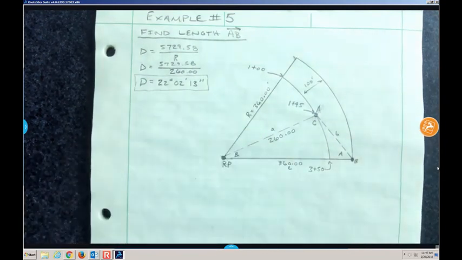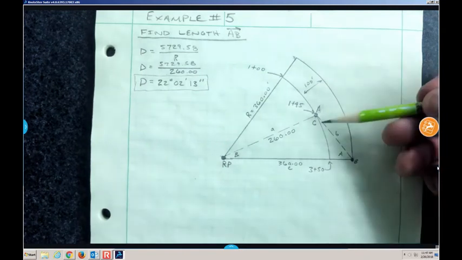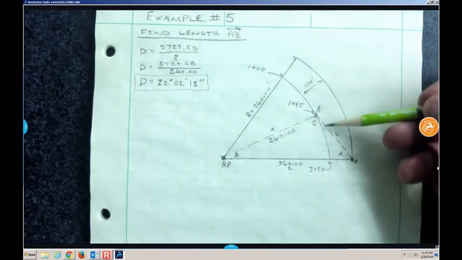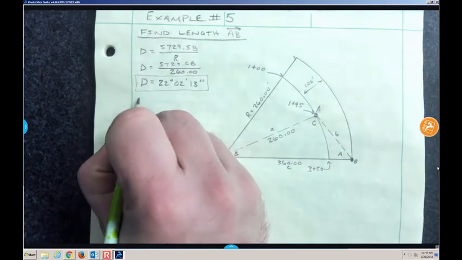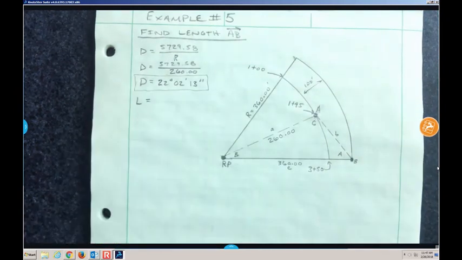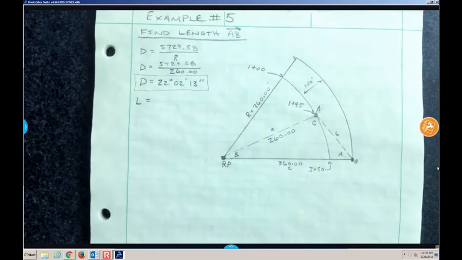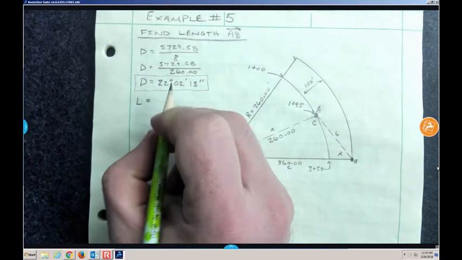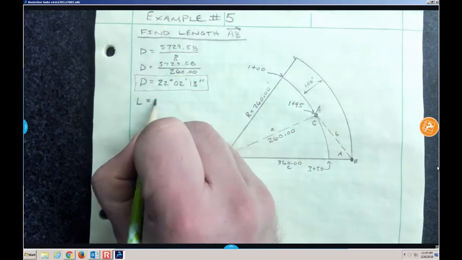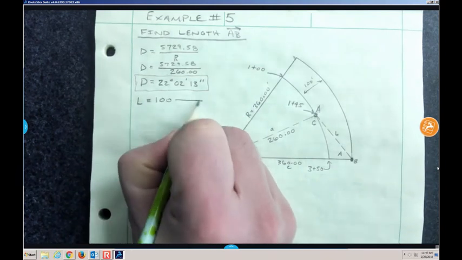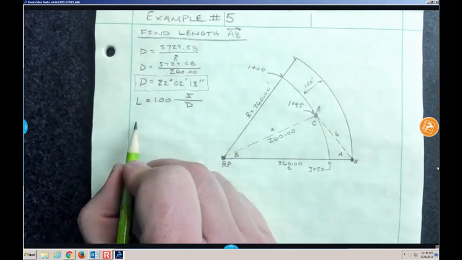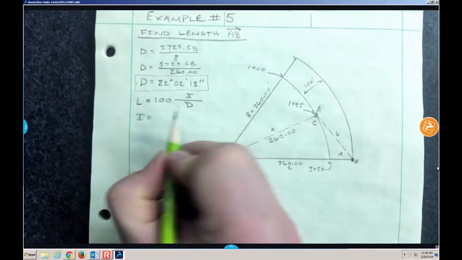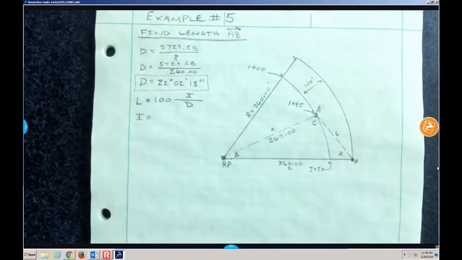Okay? Now that we found D, why don't we find L? So we want to find out what this distance is here. We're going to need to use this equation to find I, so we're going to have to do some substitution to get the equation to reflect I. So how would I do that?